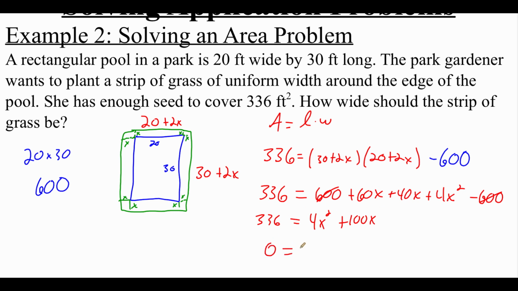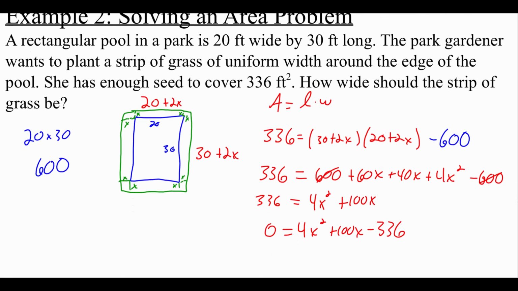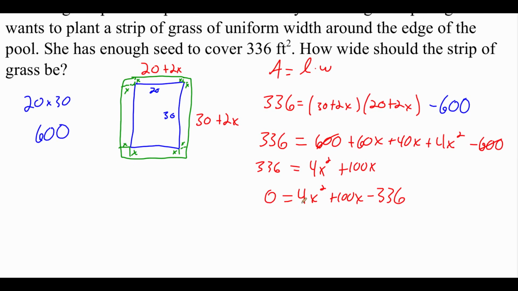So we get 0 equals 4x squared plus 100x minus 336. Having that 4 in the front is going to make things tricky, so what I'm going to do is divide everything in this equation by 4. So then we should get 0 equals x squared plus 25x minus 84.